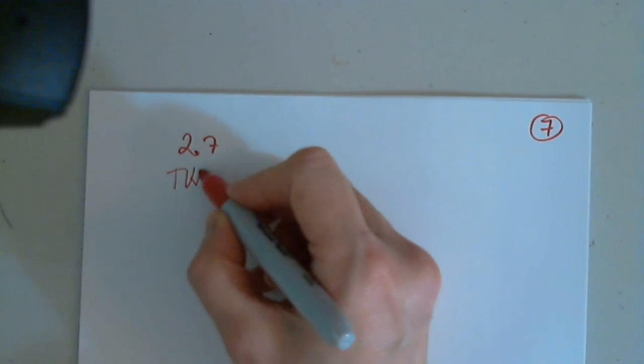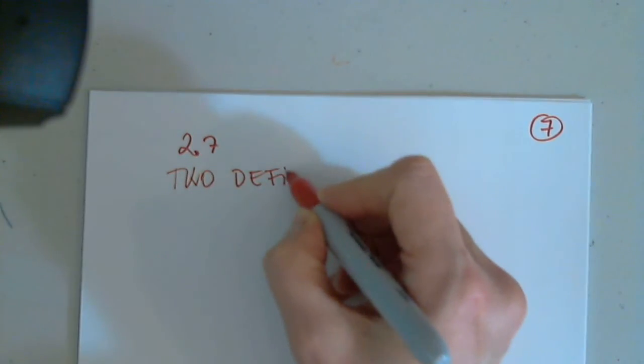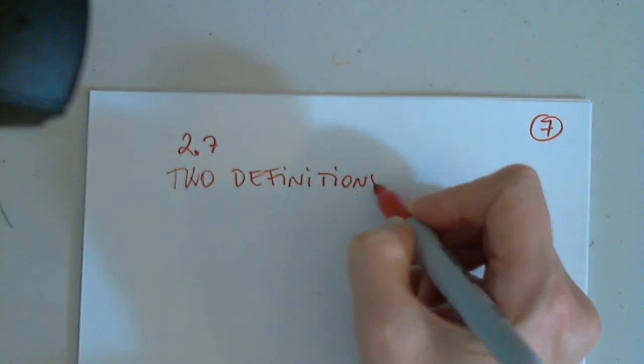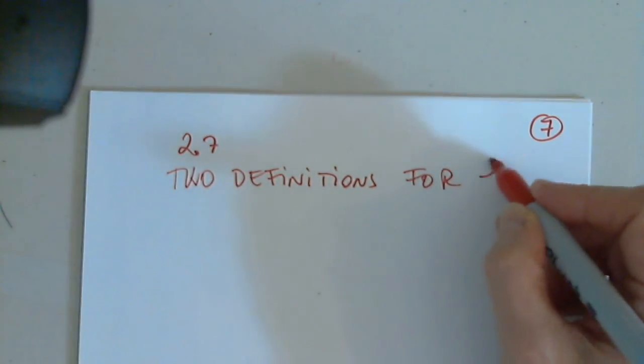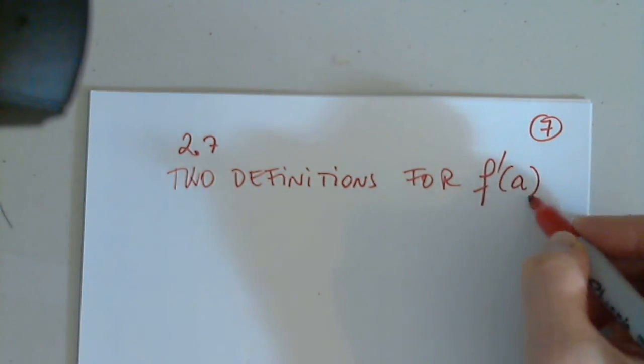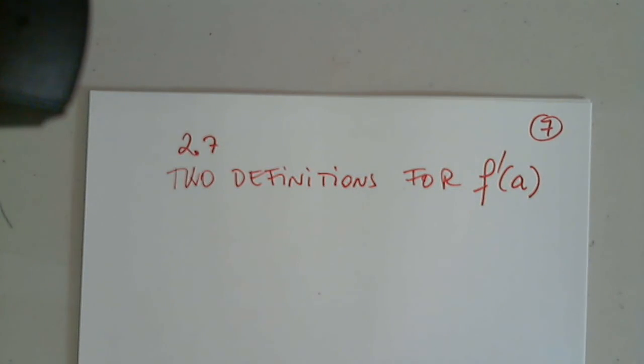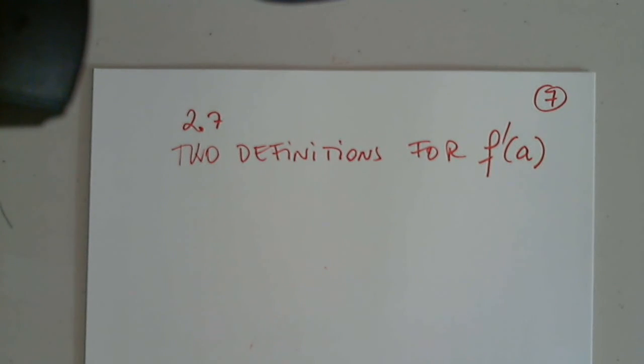There are two definitions for f prime of a. Can anyone tell us what you think? Any volunteer? What do you think f prime of a is? We talked about f prime of x so far. What will f prime of a represent? What do you think? Anyone?